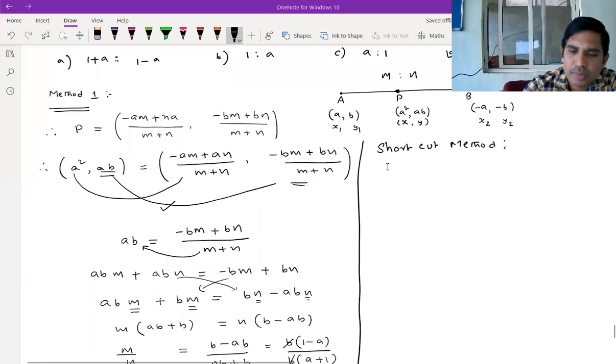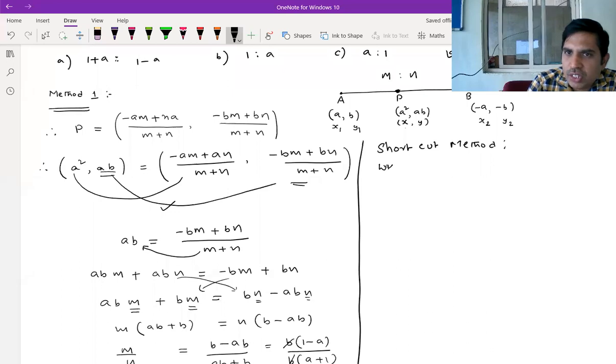Right. The shortcut method is this. So this point P divides AB in what ratio? That is the only question. So the point P is a square comma ab. Therefore, in what ratio does this point divide?